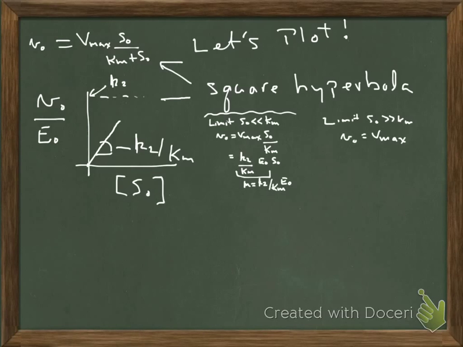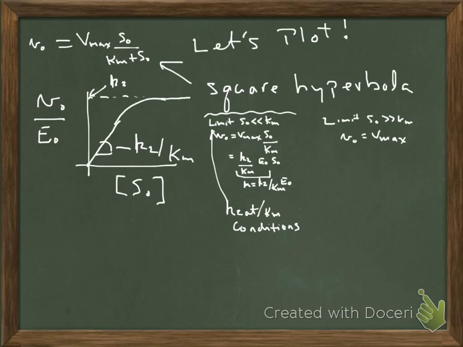So if we extrapolate that back, and then there's some smooth stuff in between that connects the two. So that's kind of the limits. In our lab, we like to call these conditions kcat over Km conditions, for obvious reasons.